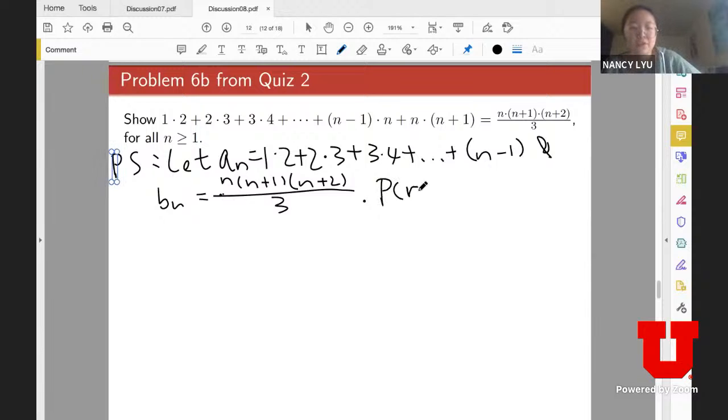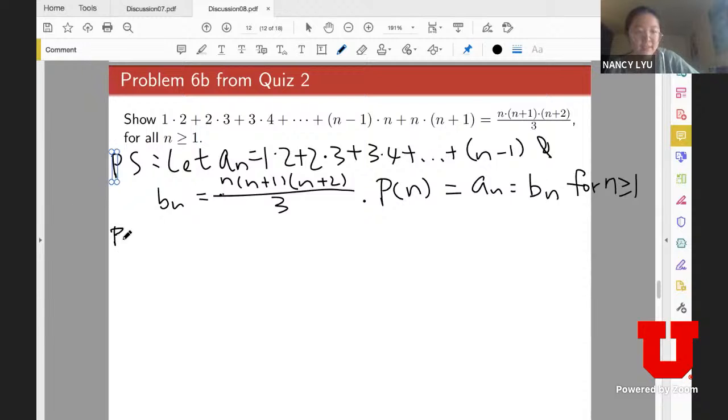We want to show that P(n) is A_n equals B_n for all n greater than or equal to 1. And that is our problem statement.